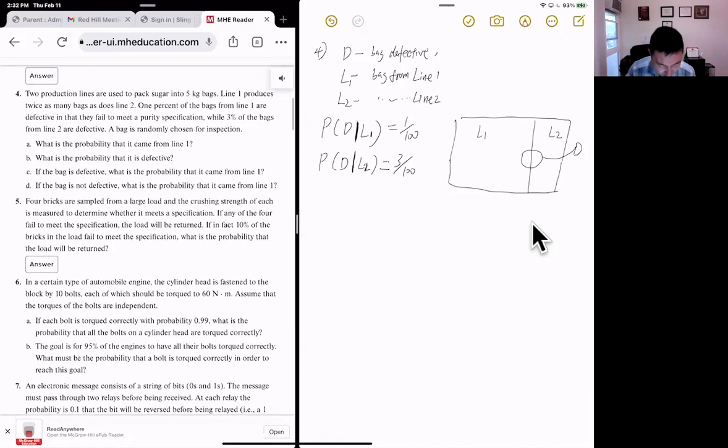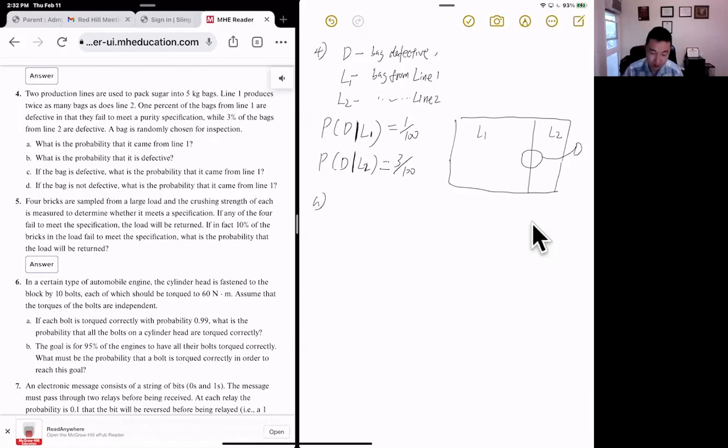Part A asks: what is the probability that a randomly chosen bag for inspection is coming from line 1? On the second sentence, the question tells us line 1 produces twice as many bags as line 2.